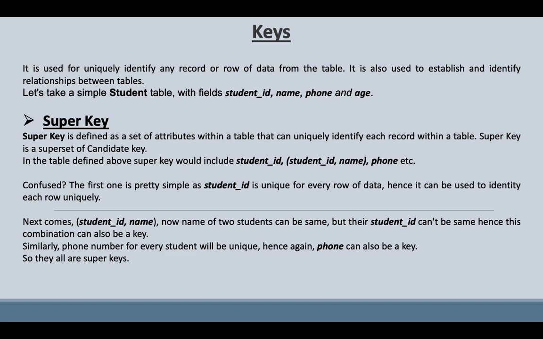Okay, so if you consider a set of attributes to uniquely identify each row, now student ID and phone, that can be a group, that can be the super key. Student ID itself is a super key. Is it okay? Is it clear?